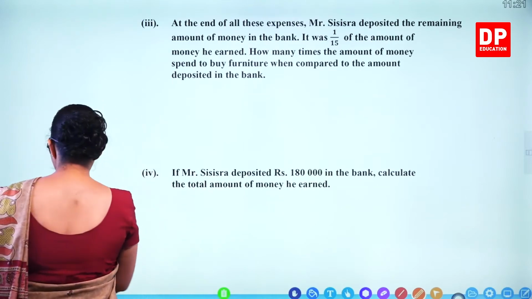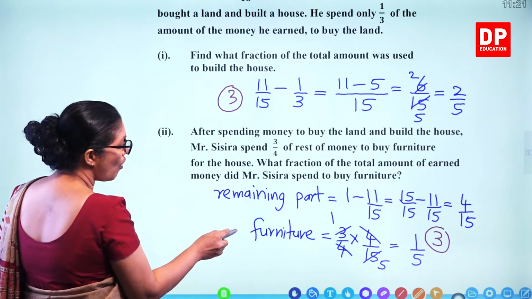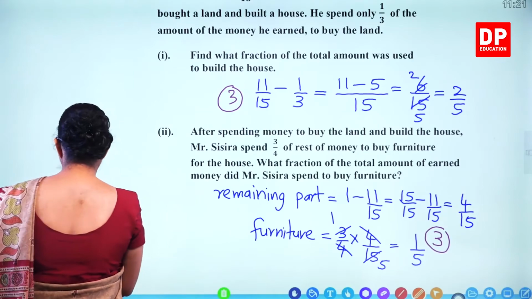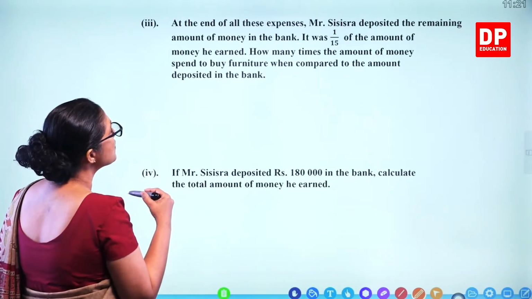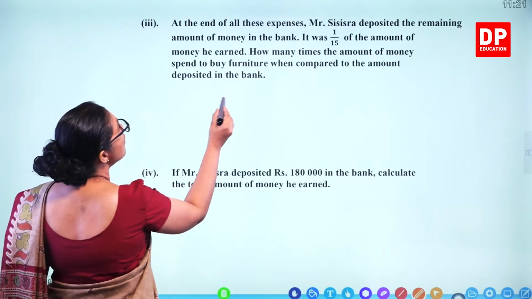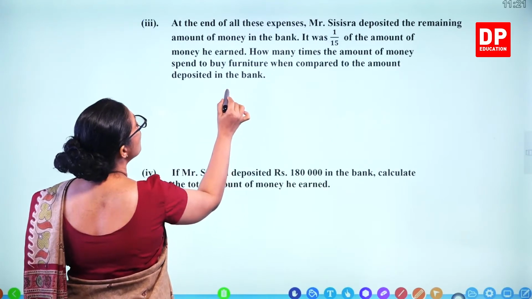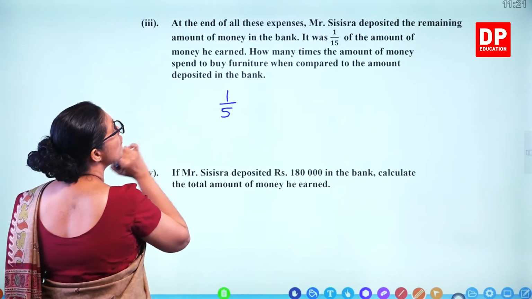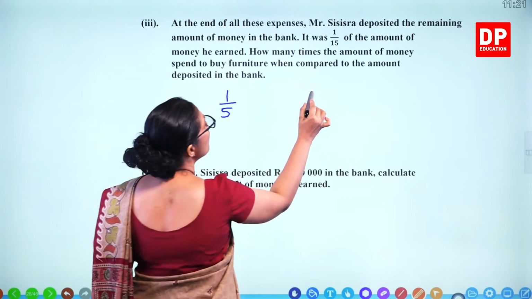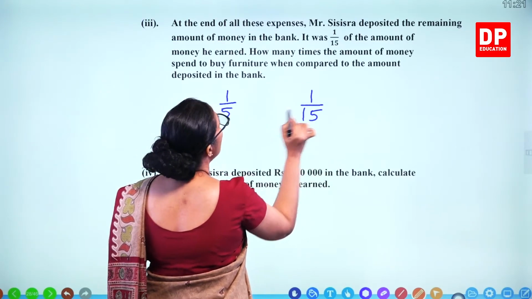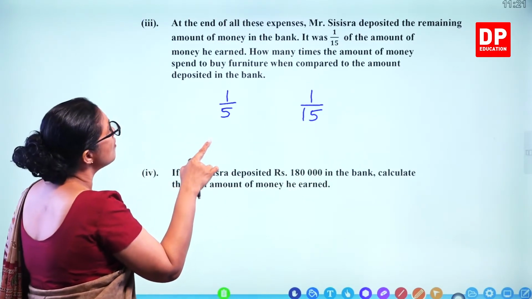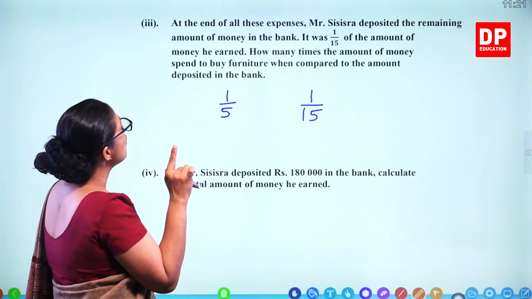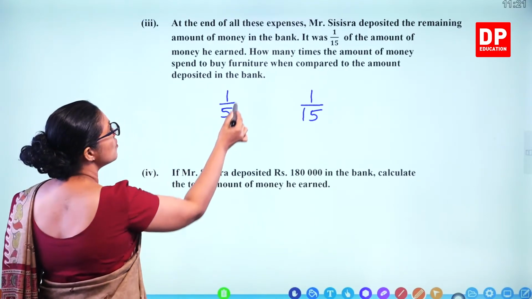So what is the amount for furniture? 1 over 5. So how many times? 1 over 5 and 1 over 15 you have to compare. 1 over 5 for furniture, 1 over 15 is the deposited amount.